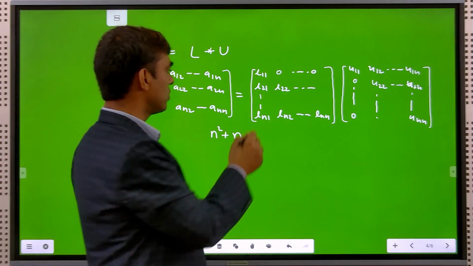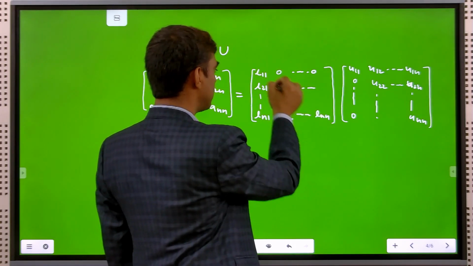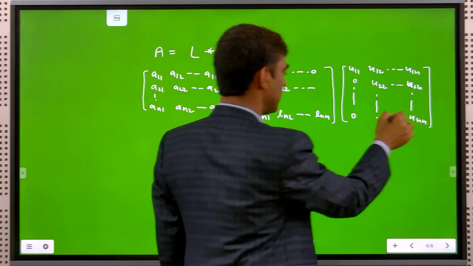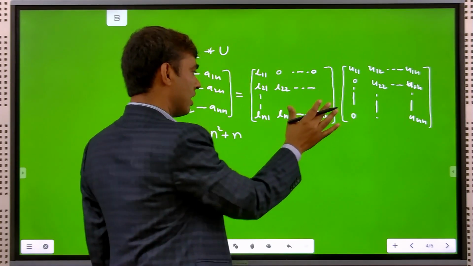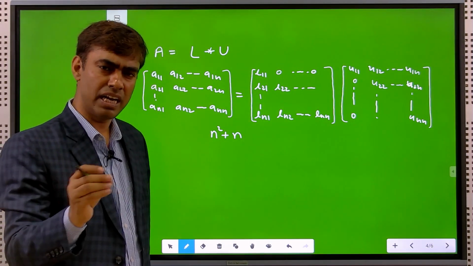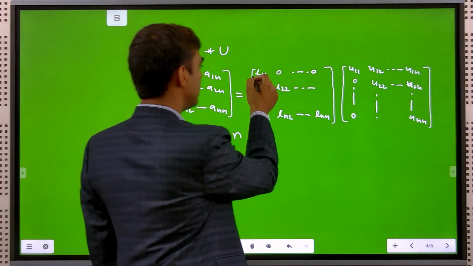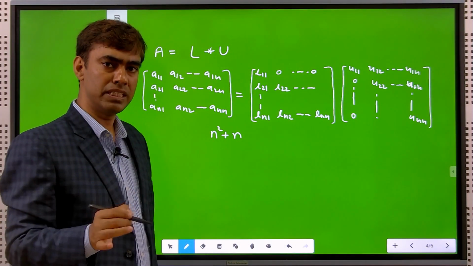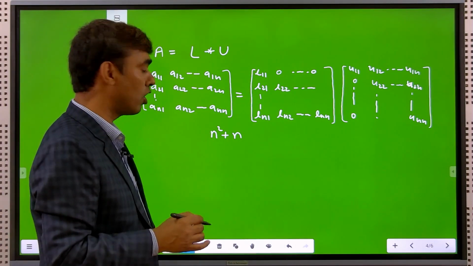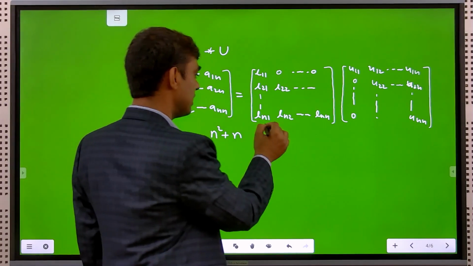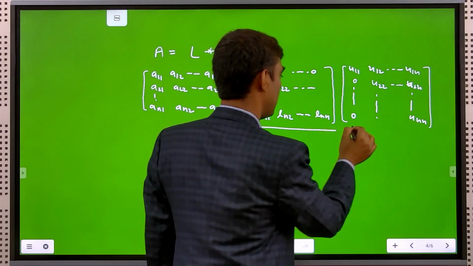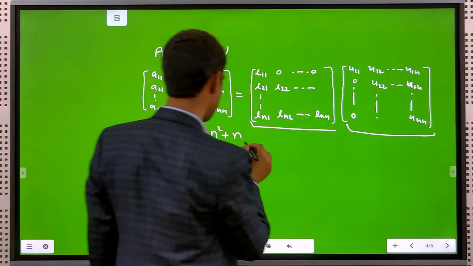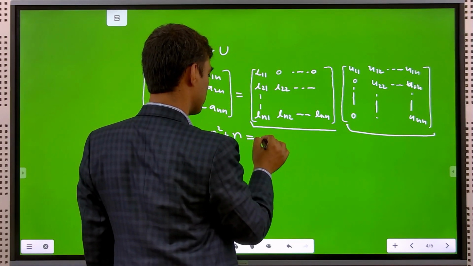Why? Because there are diagonal elements here and diagonal elements here, and when we combine L and U, we repeat the diagonal elements once again. So in L and U there are n square plus n unknowns.